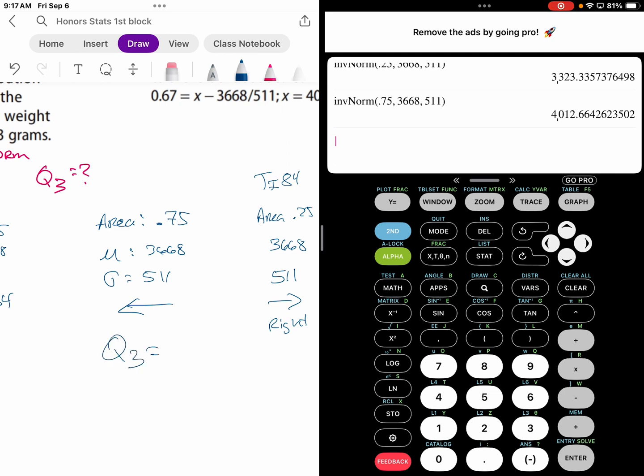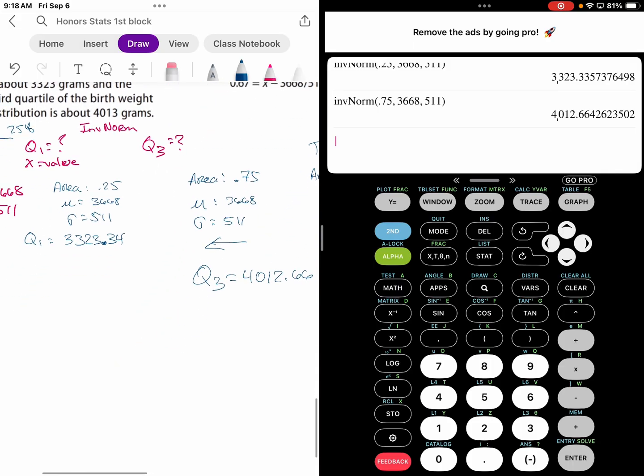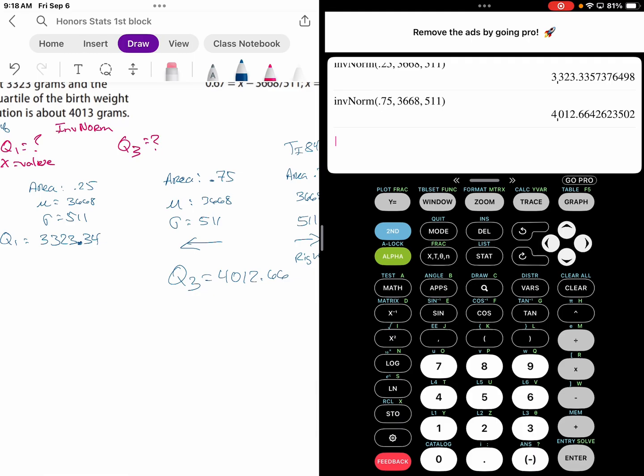Quartile 3 would be 4,012.66. I would assume they'll tell you to round to the nearest whole number, so probably 4,013. And then 3,323 on that one if they're doing nearest whole number.